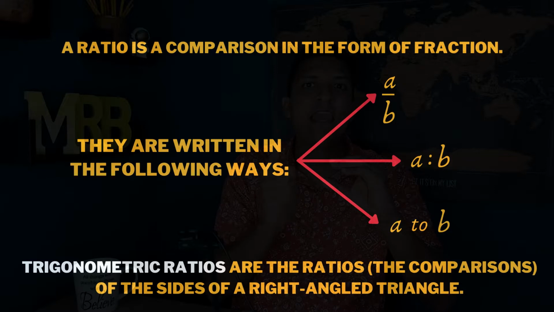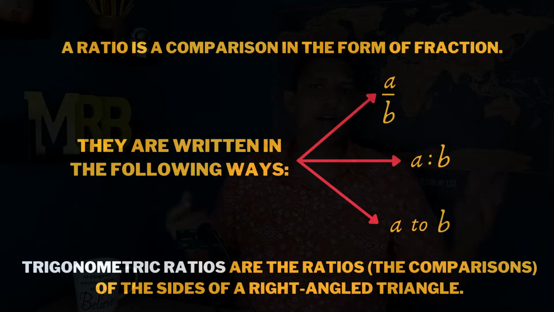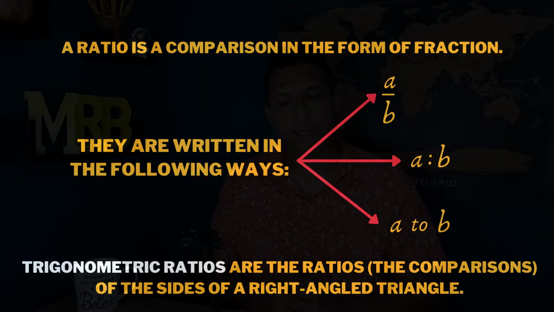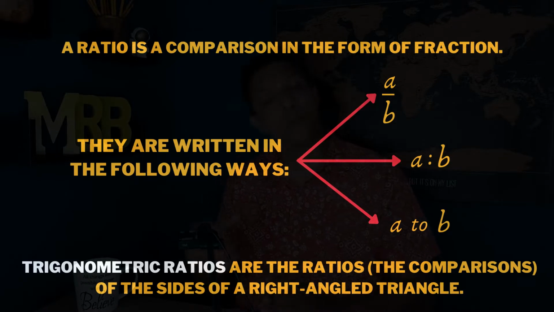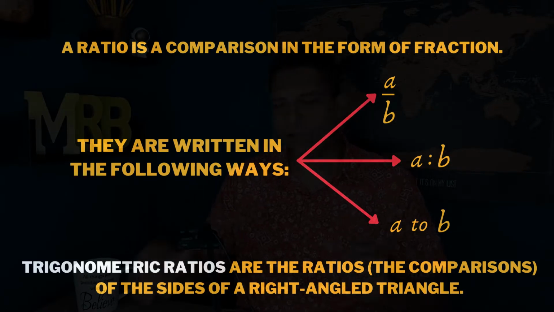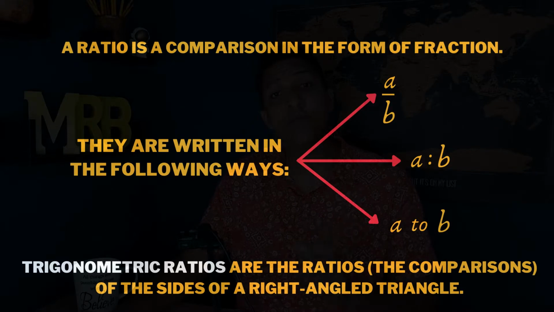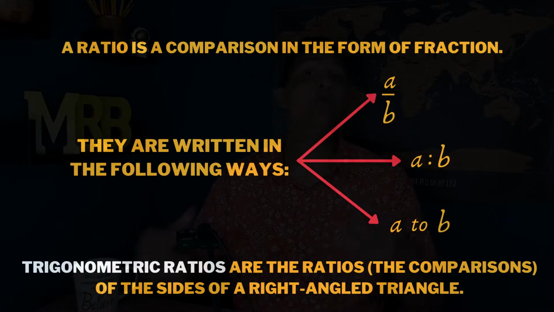And it's read A to B. And the other one is just written A to B, okay? So that is how we represent a ratio. Now, when we talk about trigonometric ratios, what we are doing is we are taking a right triangle and we are comparing the different sides a right triangle has, okay?